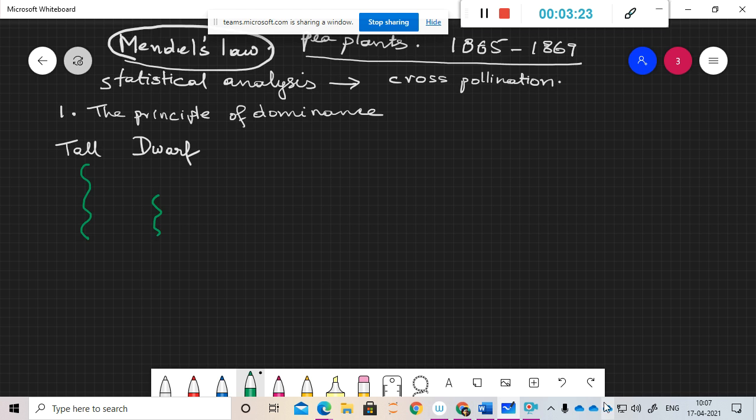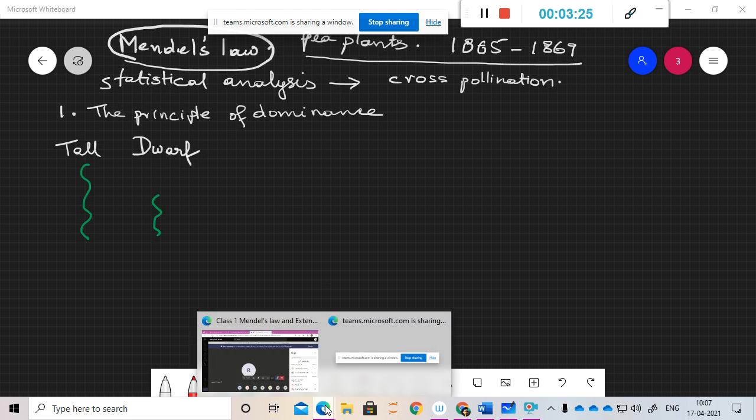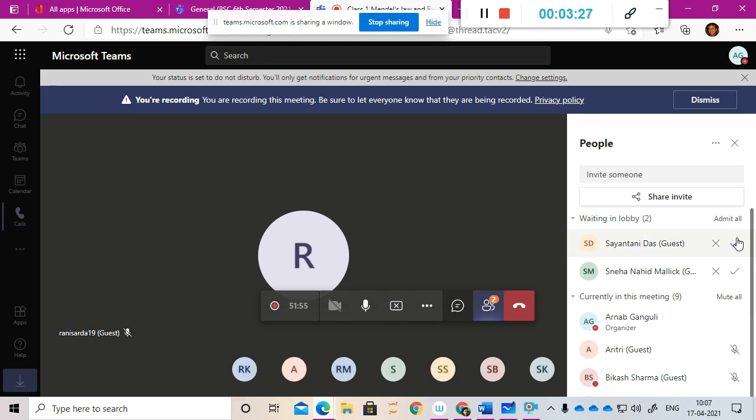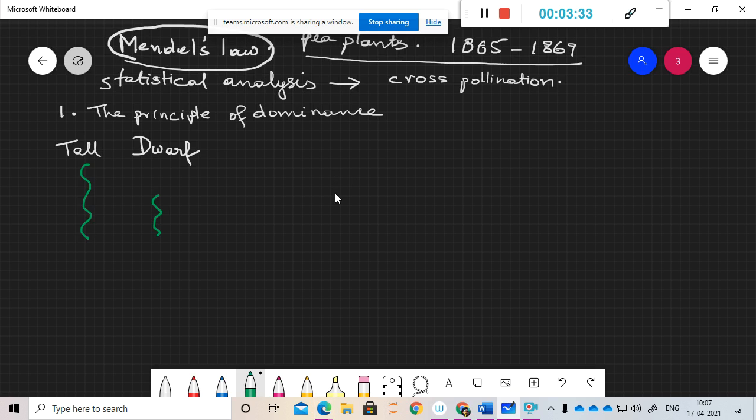Just hold on, somebody is entering. So he crossed with a dwarf variety of pea plant. What he got was, all the plants were tall.